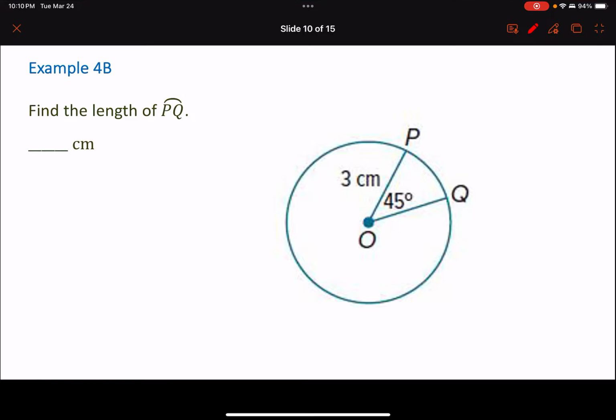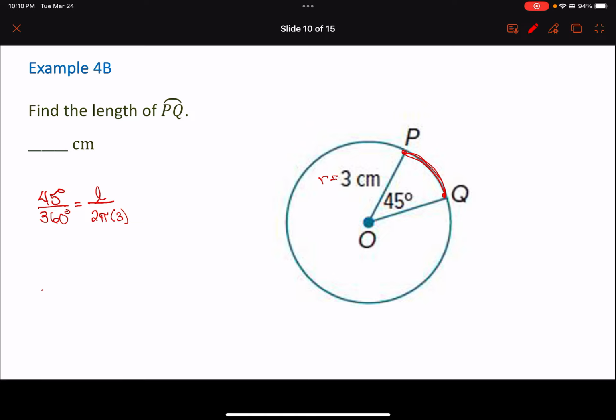All right, last example. To find the length of arc PQ, same process. I want to know how much string I would need to wrap around the circle from P to Q if I unrolled that. My central angle is 45 degrees, so setting it up as a proportion, 45 degrees goes with 360, as my arc length goes with the whole circumference, but this time 3 centimeters is the radius, so I need to use 2 times pi times 3, 2 pi r, as my circumference formula.